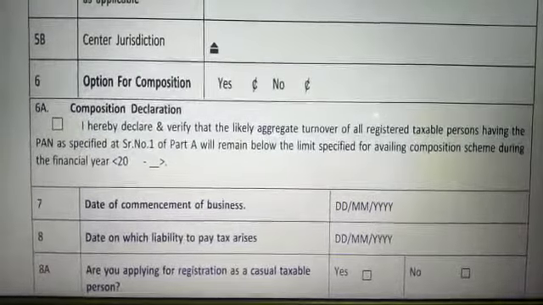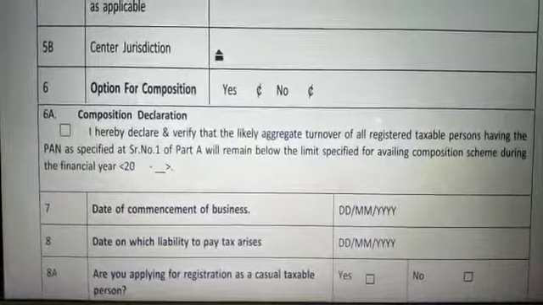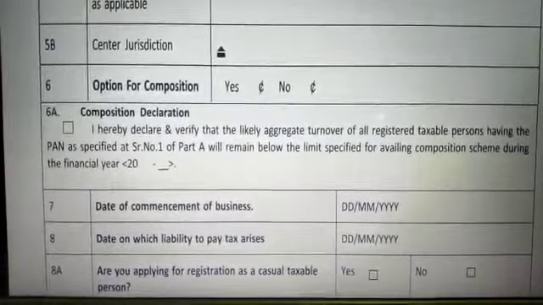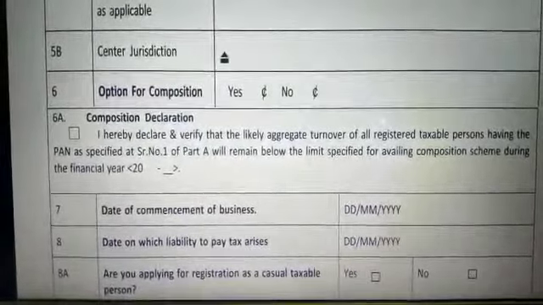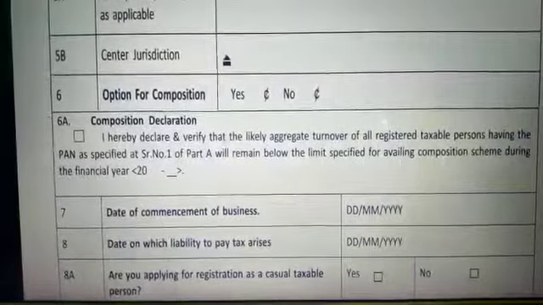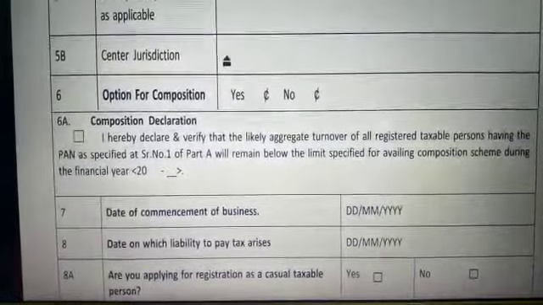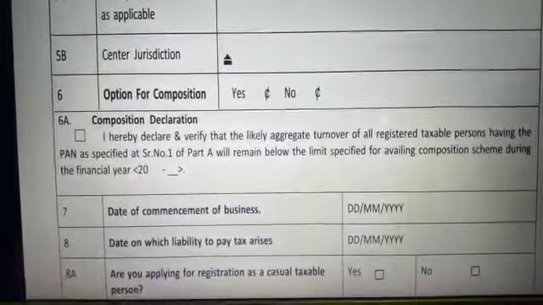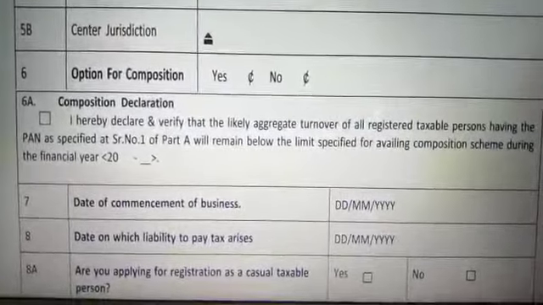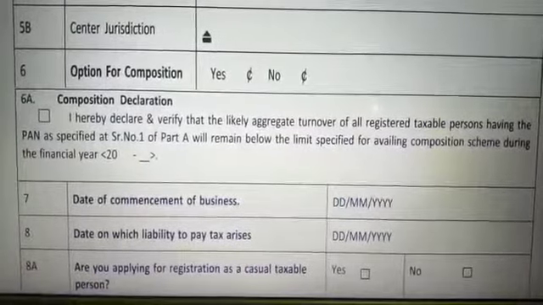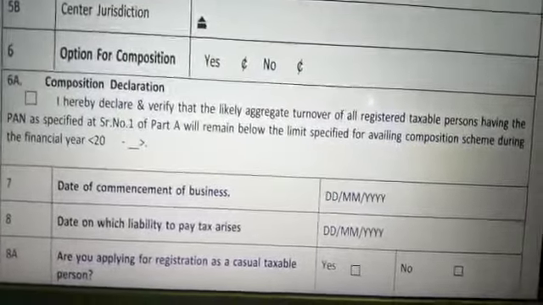This is someone who is not running a permanent business. It could be someone running a temporary business, or a practitioner who is practicing GST itself. If his revenue crosses 20 lakhs, obviously he is also bound to register because he is offering a service.